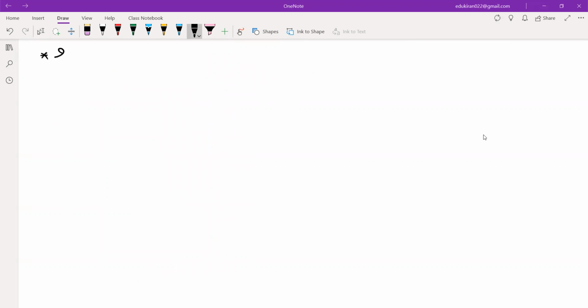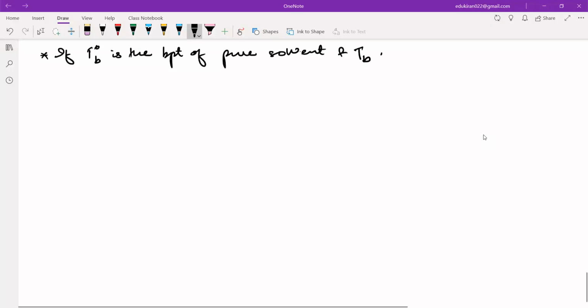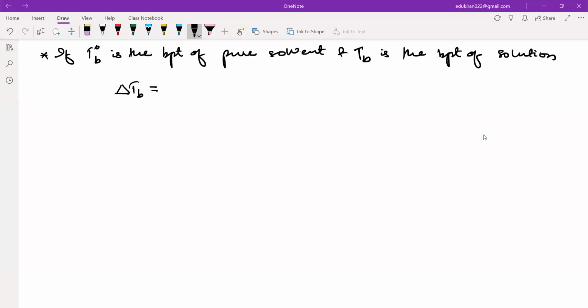Let us suppose T naught B is the boiling point of pure solvent and TB is the boiling point of solution. Then delta TB will be equal to TB, which is higher, minus T naught B, because the difference will always be positive. What is the difference in temperature?